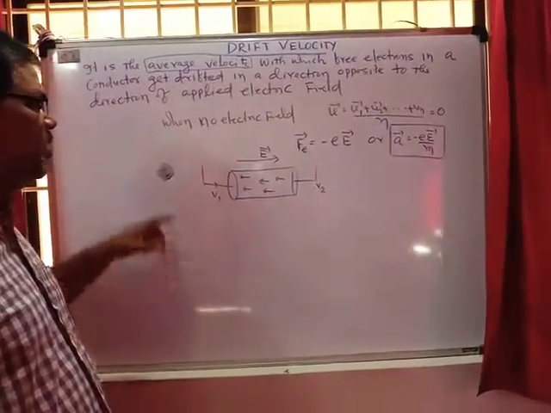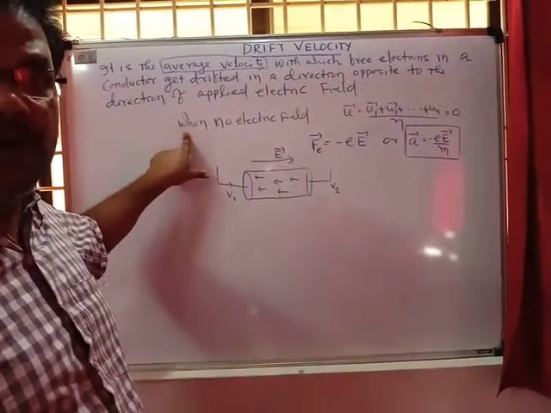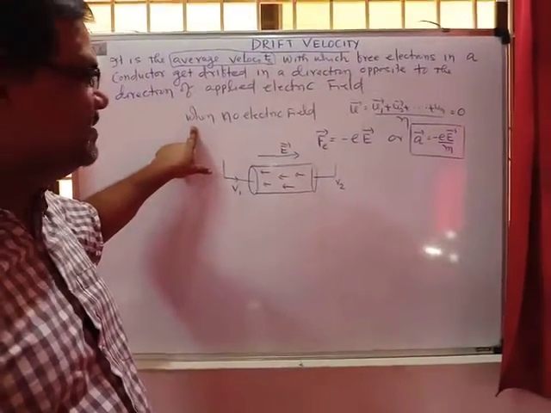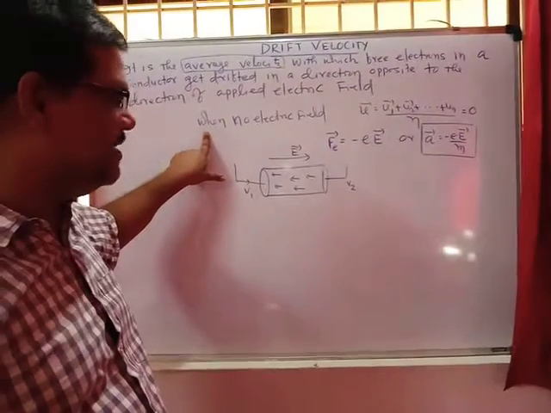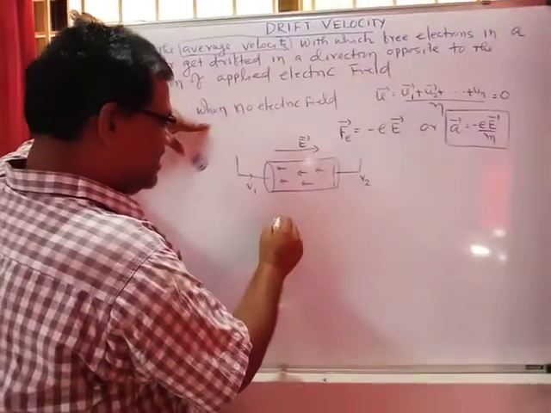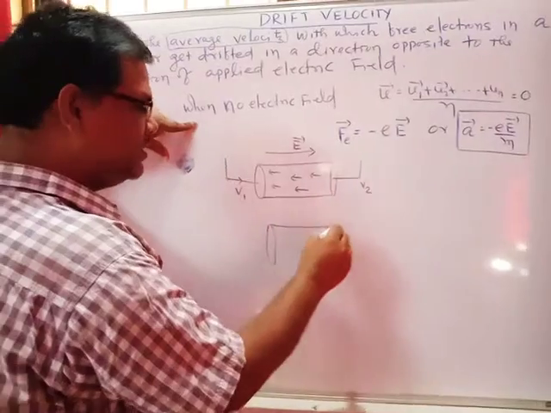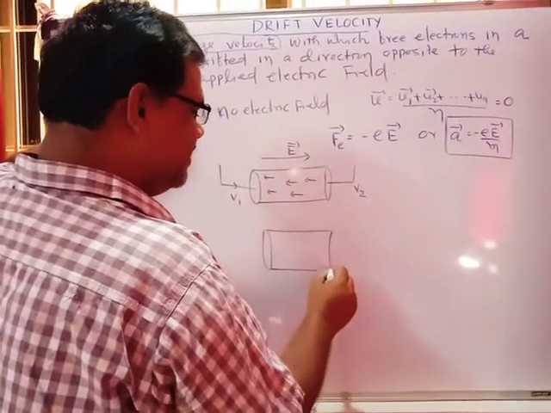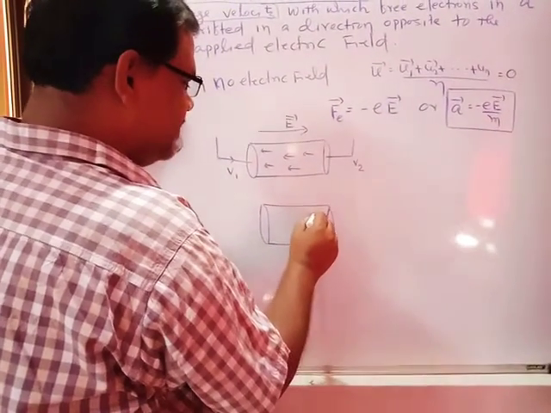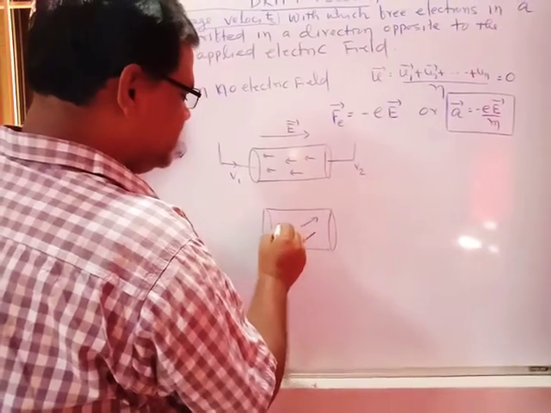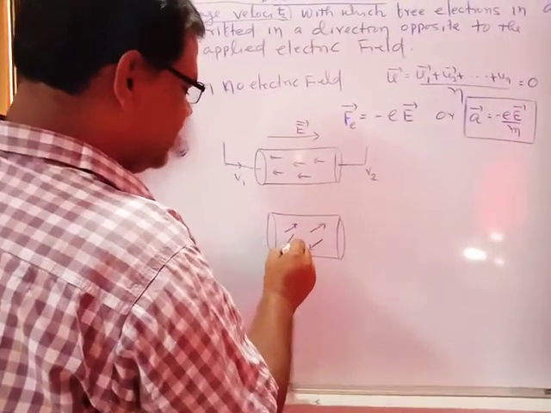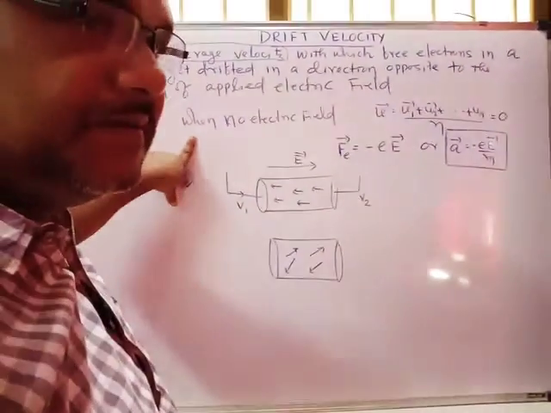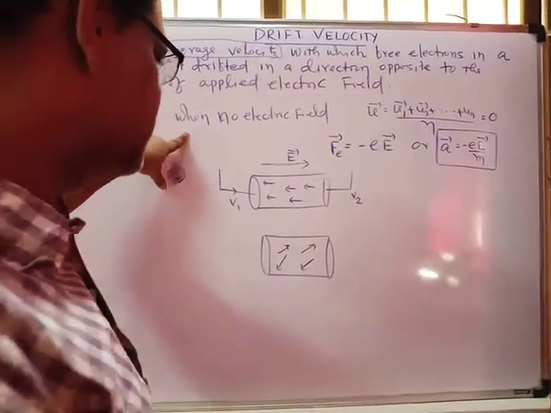Now, when no electric field is applied, when no PD is applied, what happens here? We have not applied the electric field. What will happen? In a conductor, the electrons will be moving randomly. One electron is moving along this way, another this way, that way. All are moving in random motion.